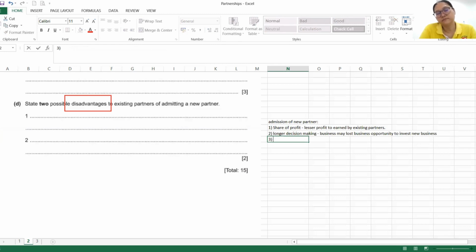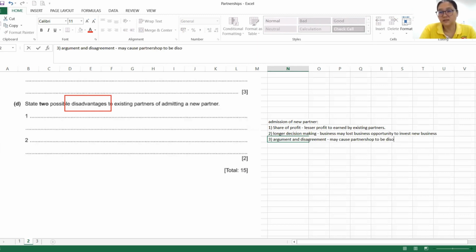And also, more people can cause arguments and disagreement. So what could be the problem in the long term? It may cause the partnership to be dissolved.